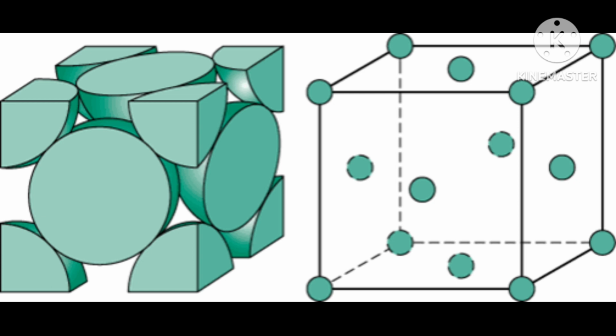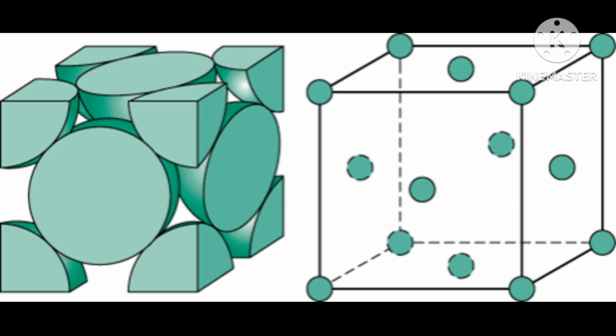Suppose the edge length is A centimeter, D is the density of the solid substance, and capital M is the molar mass. This you have to consider.